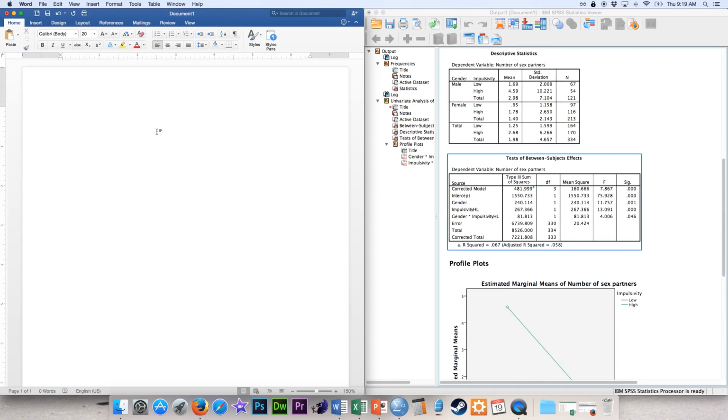So for this first one, I'll just set it up by saying, we ran a 2 by 2 factorial ANOVA assessing the effects of gender and impulsivity on number of sex partners.